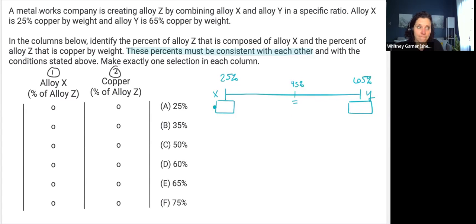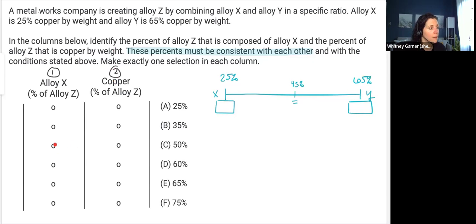right? However, I have a 50% of X, but I don't have a 45% that I could choose for the amount of copper. So I'm going to start to use process of elimination. I'm going to write A, B, C, D, E, F in 2 columns on my paper with X over the first column and copper over the second. And I'm going to start marking out options for what it could be.